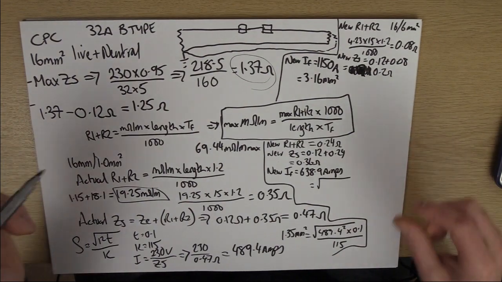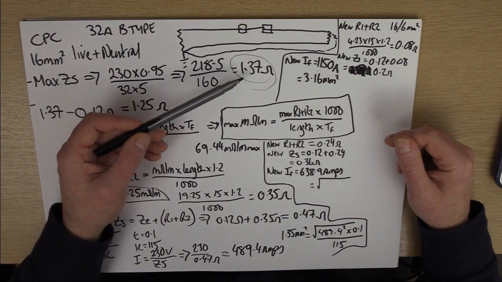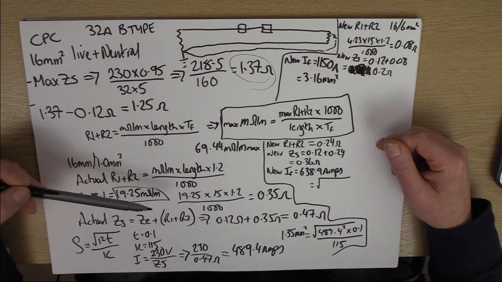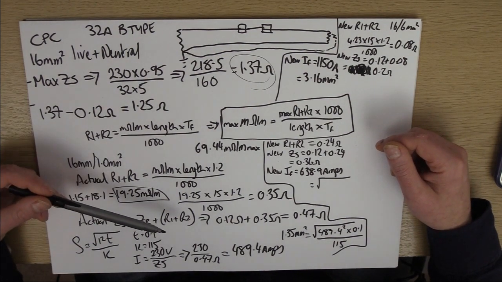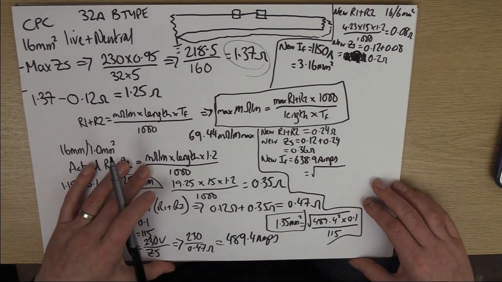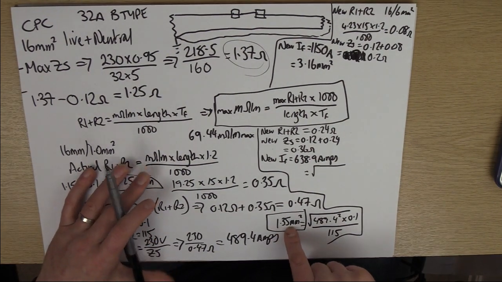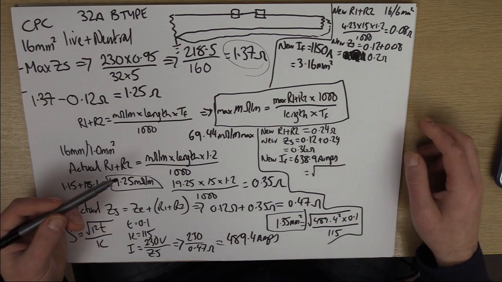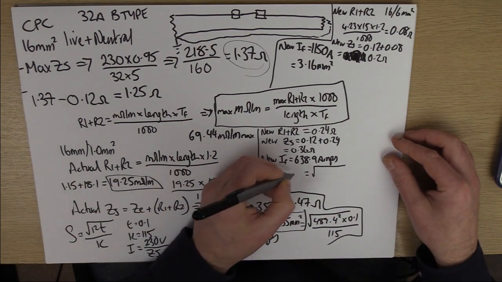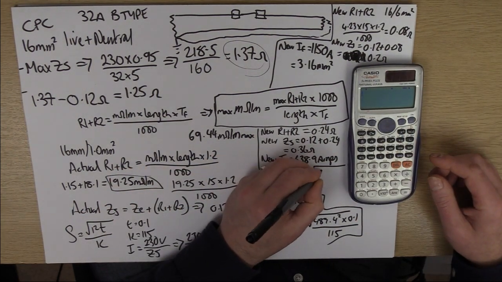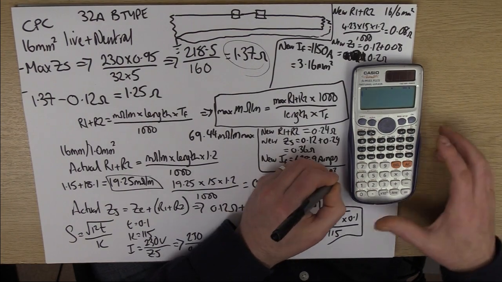But you can see that just because your Zs complies, it doesn't mean your adiabatic's going to comply at all. And then just going up one size, if you calculated it for a 1mm, you might look at that and just go, 1.5 then. Well, no, that didn't work, did it?